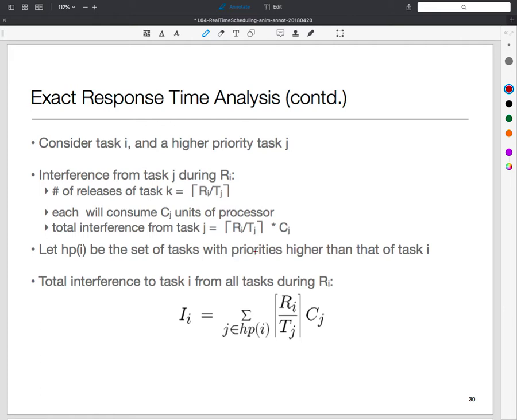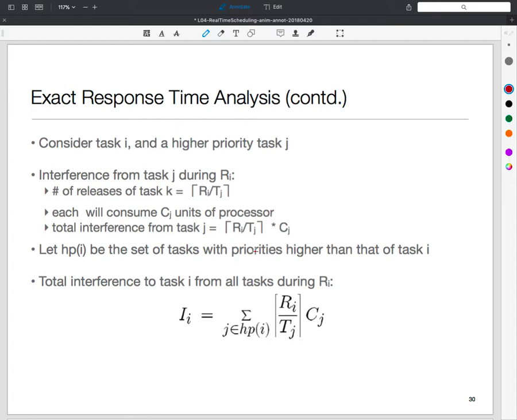Because remember, it is a higher priority task, and if you were using rate monotonic, I would be giving it a higher priority because it is more frequent, so it may arrive several times. So generally speaking, task j will come multiple times during the period. It came at the very beginning because it's the critical instant, but it may arrive additional times.